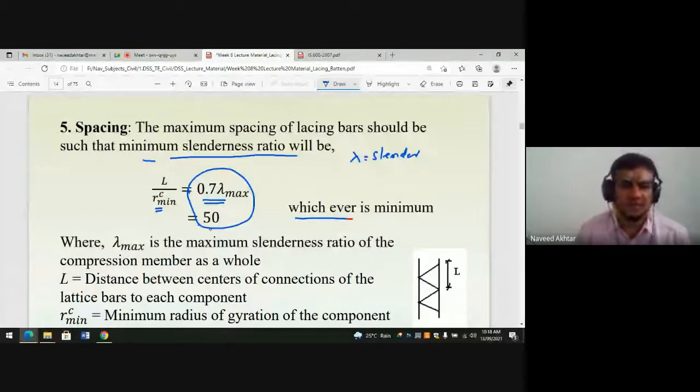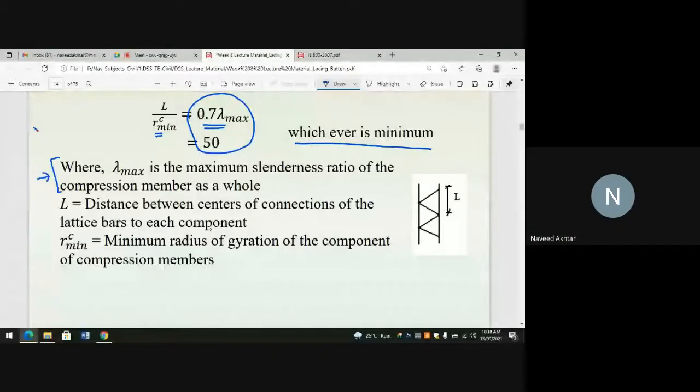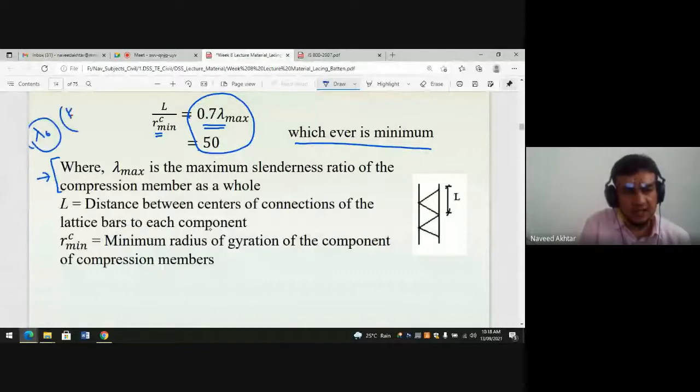Where lambda max is the maximum slenderness ratio of the compression member as a whole. Lambda max is the slenderness ratio, that is lambda 0, KL by R 0 calculated above.